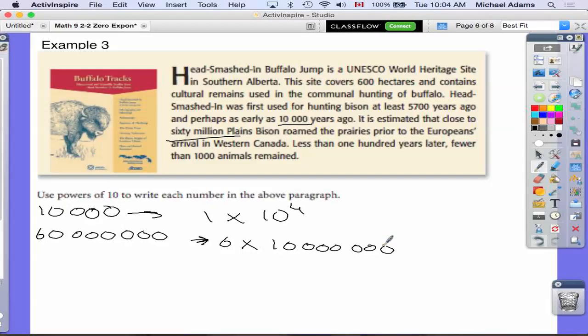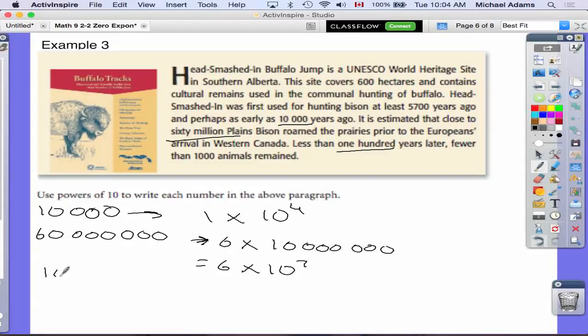Say it a little louder. Right. So then this would become 6 times 10 to the exponent 7. Okay. So far, so good, right? And then, what's our next number that we see there? We see 100.